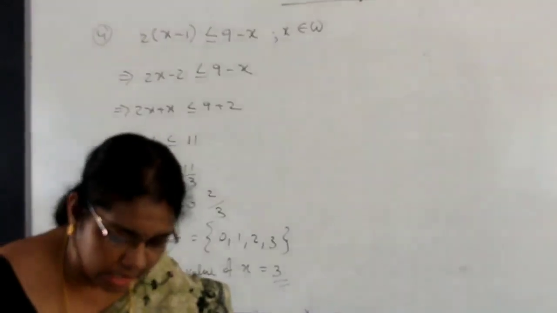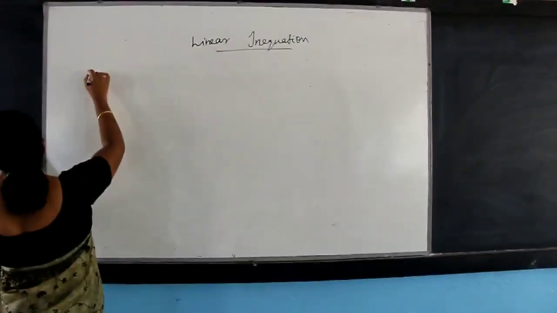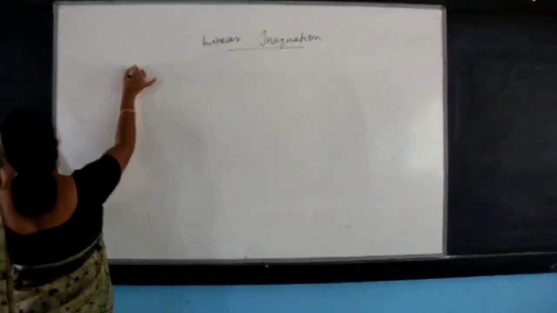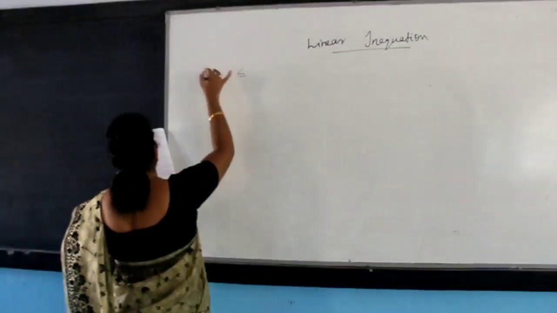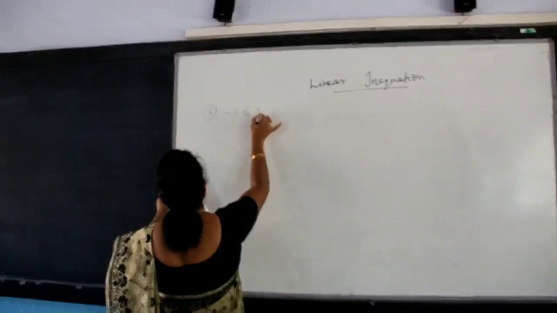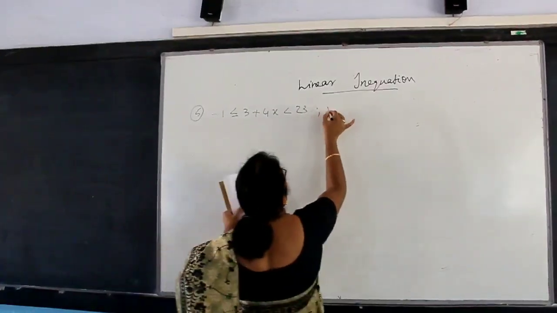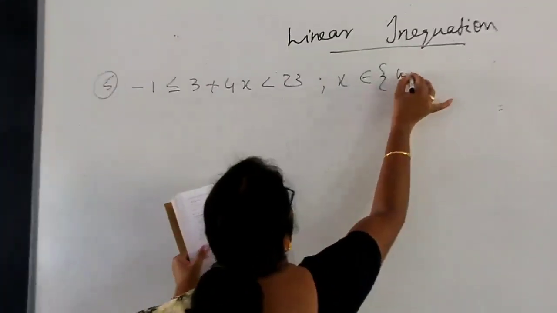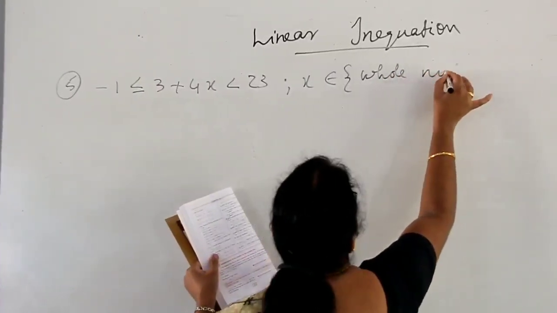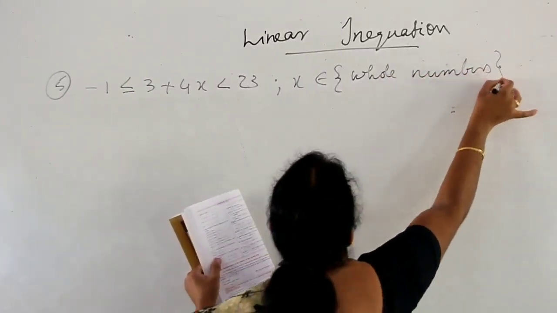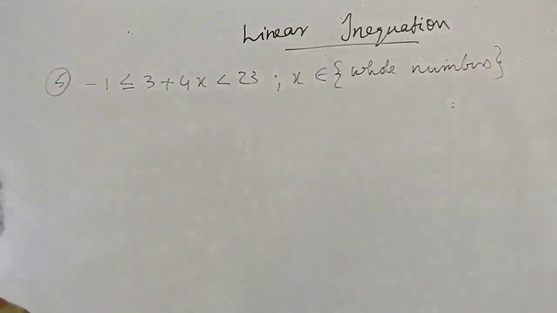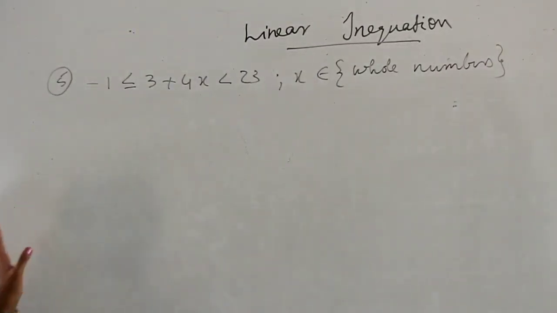And next in this case, the last question is: find the solution set of minus 1 less than or equal to 3 plus 4x less than 23, x belongs to whole numbers. Solve and find the solution set.